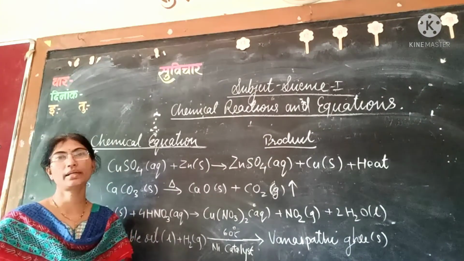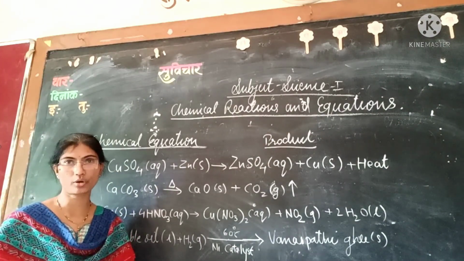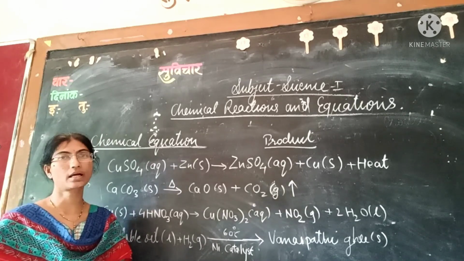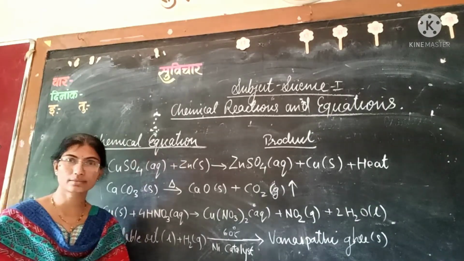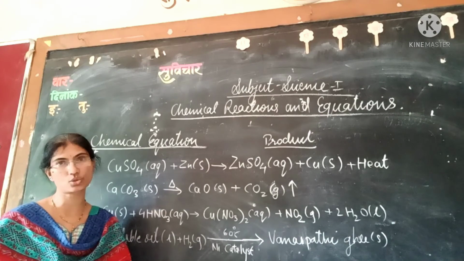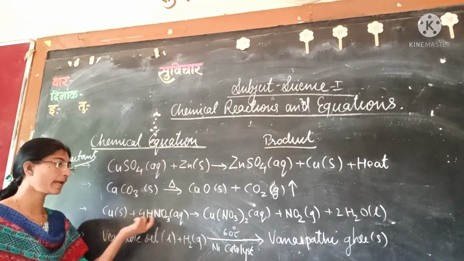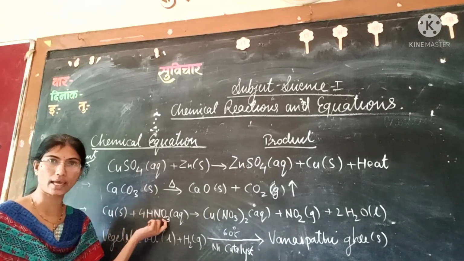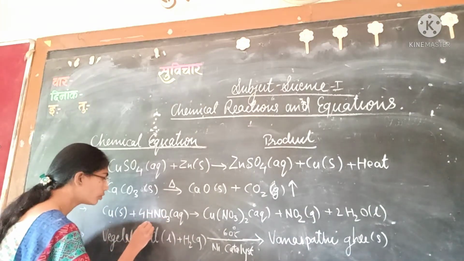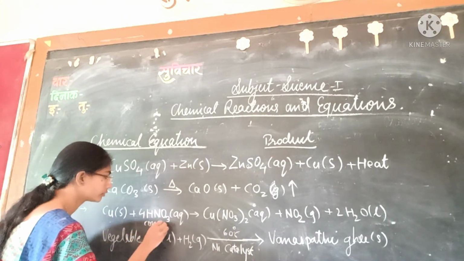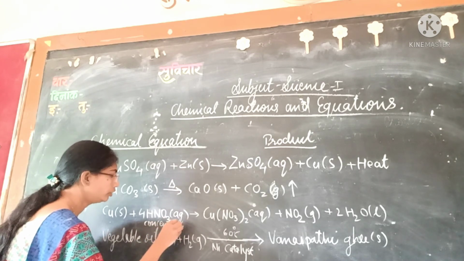Now, in a chemical reaction, some additional information is also mentioned. For example, some acids can be dilute as well as concentrated. Then we have to mention that. For example, copper reacts with concentrated nitric acid. Then here we write concentrated.